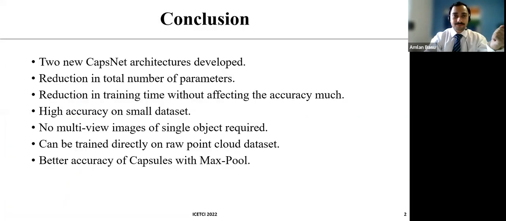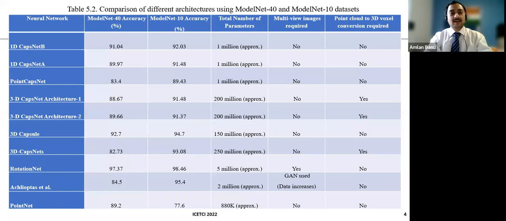The results. So the 1D CapsNet B has reported the highest accuracy among the architectures that we have tried to develop. Well, definitely it is a bit lower as compared to RotationNet, and also a bit lower than 3D capsules.